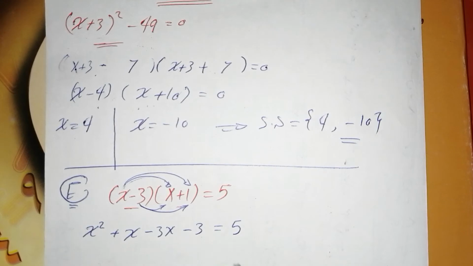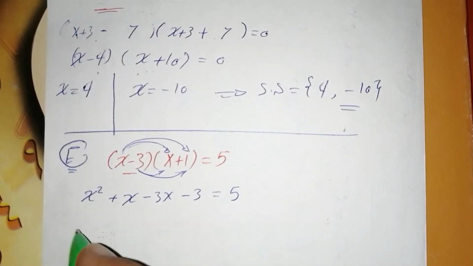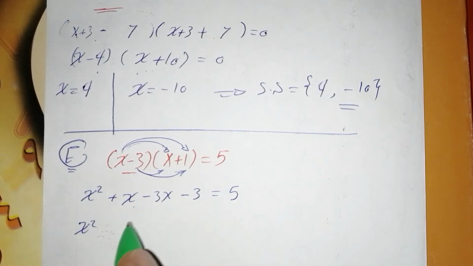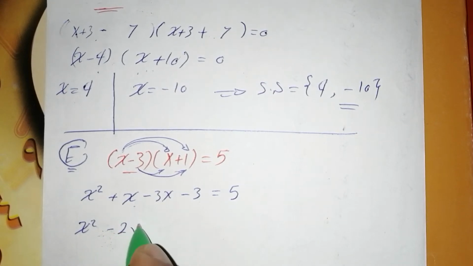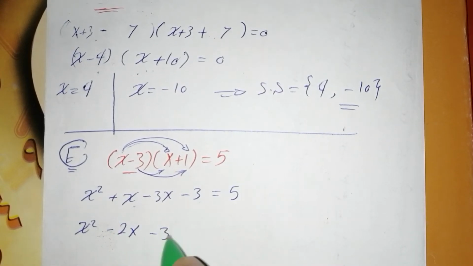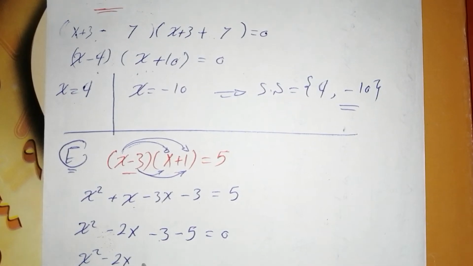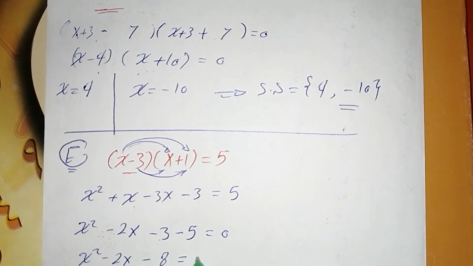And then we can move 5 to the other side with a negative sign, so we have x squared plus x minus 3x, which means minus 2x, and negative 3, and also negative 5, equals 0.